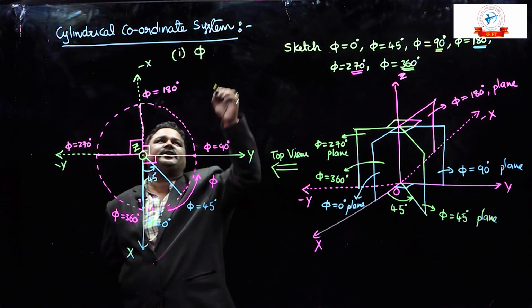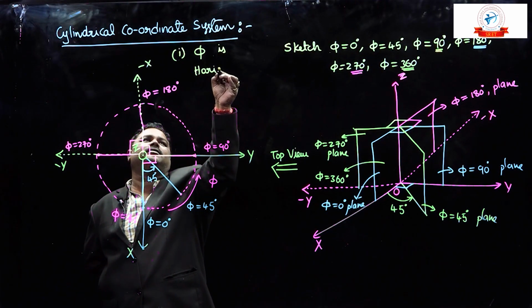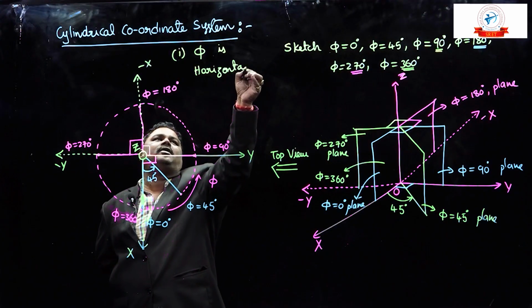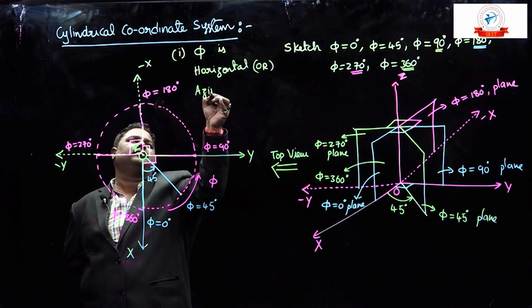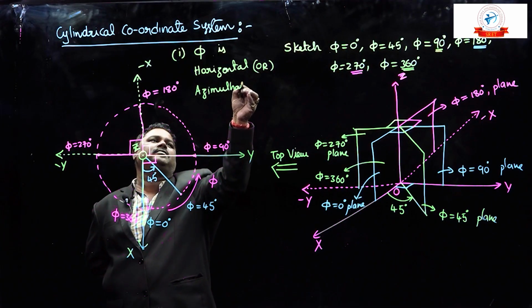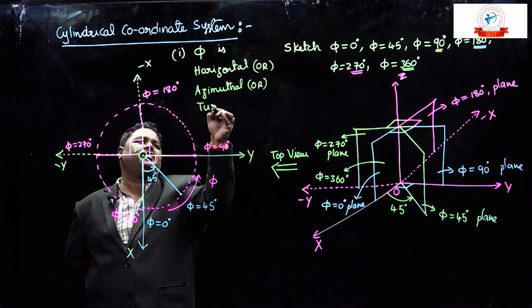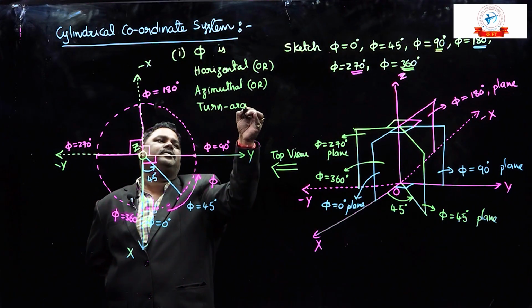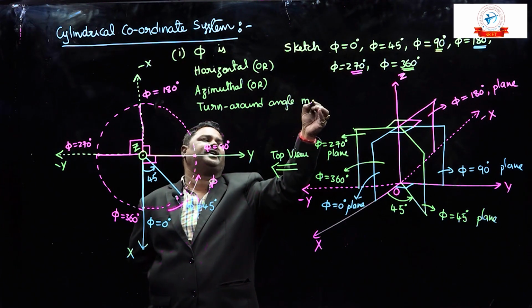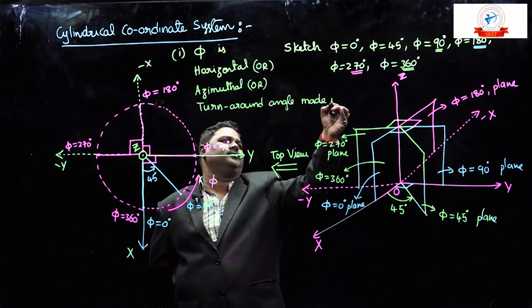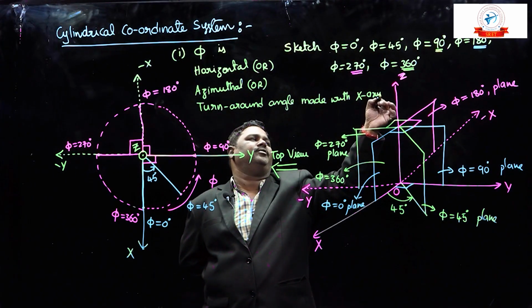Okay, so we are going to say that phi is horizontal or azimuthal or turn around angle made with x-axis.